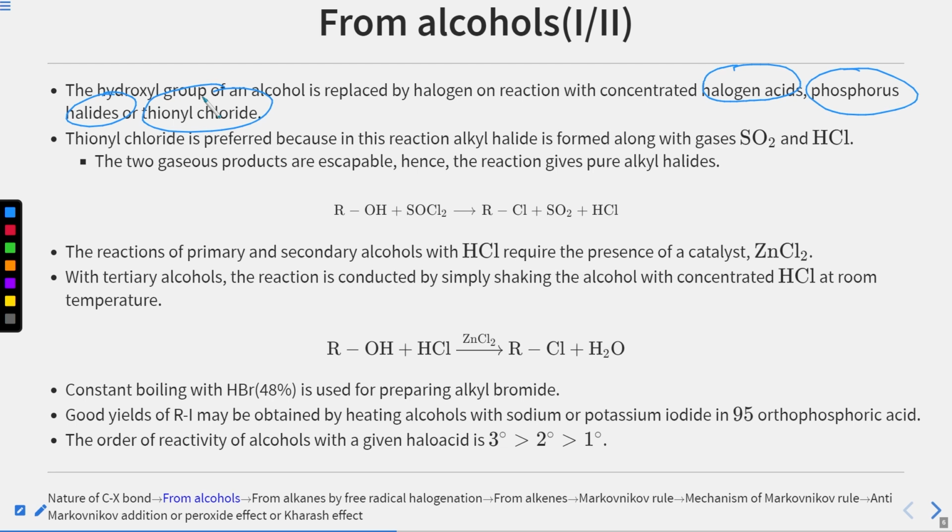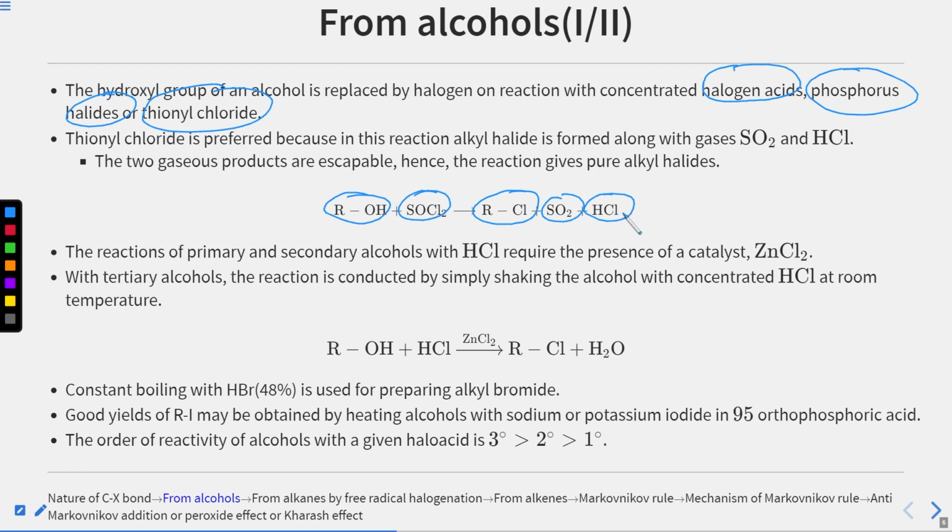So starting with the thionyl chloride. We react this ROH with SOCl2, then it would result in alkyl halide, SO2 and HCl. Now this process is the most efficient one. Why? Because the byproducts, that are the sulfur dioxide and HCl, are present as gas.